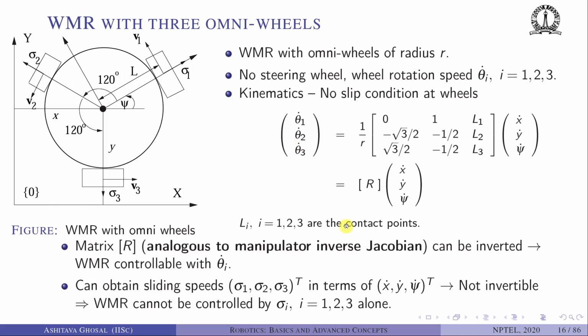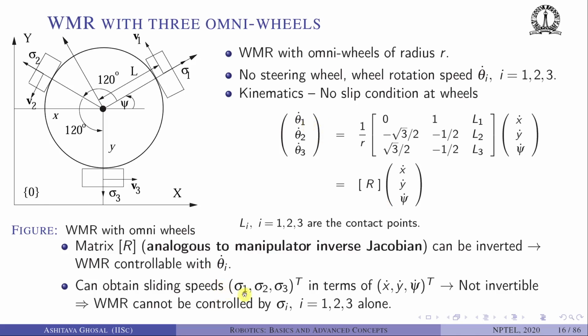What this equation is telling you is that since the matrix R is invertible, the WMR is controllable with theta i dot. You can think of it that I can move this vehicle at some desired velocity by suitably finding out what is theta dot.